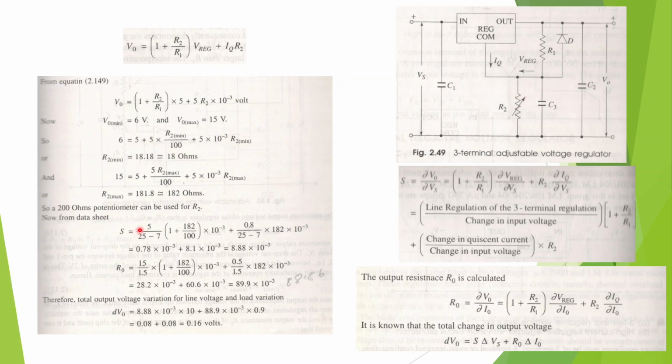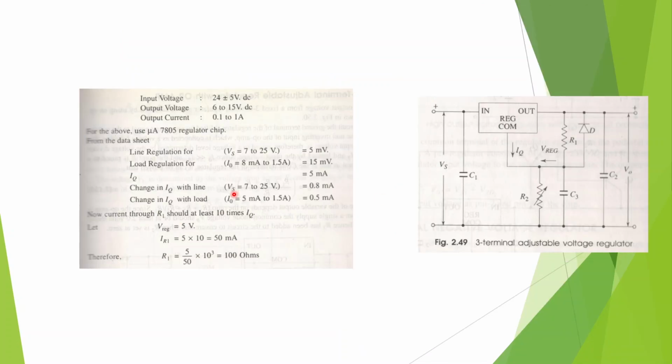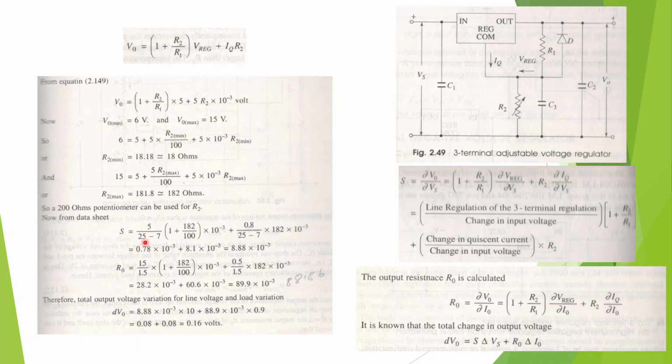Now let us find the value of S. As seen previously, I have put it here again for easy reference. S is given as this equation, 1 plus R2 by R1. Change in the regulator voltage, 5 volt, which is given in the data sheet, and change in input voltage. So the input voltage in our case was from 7 to 25, so that difference is taken.